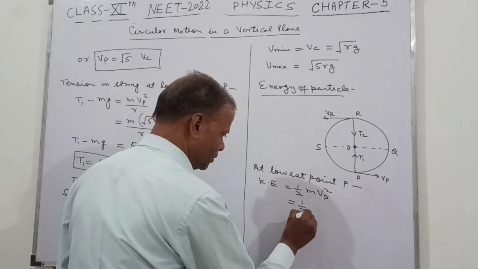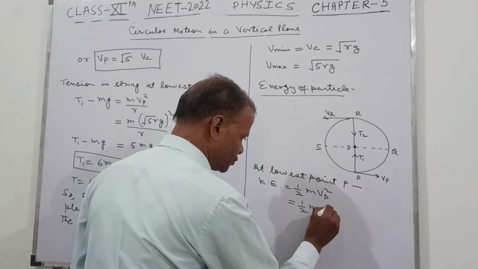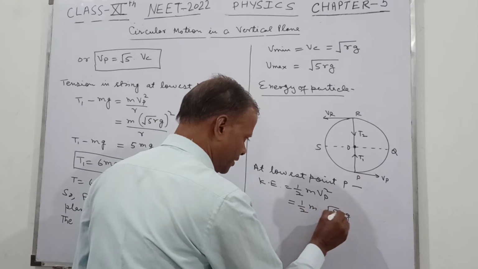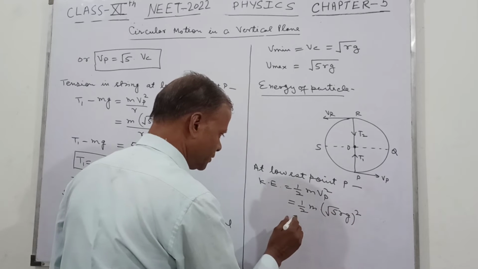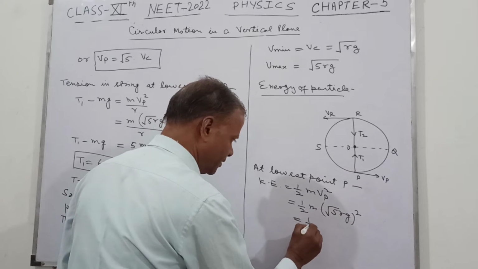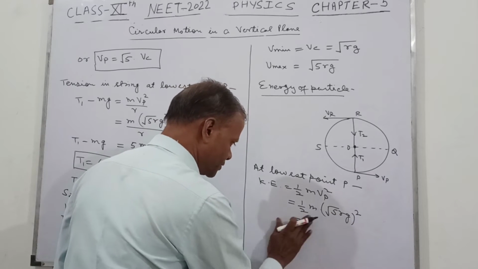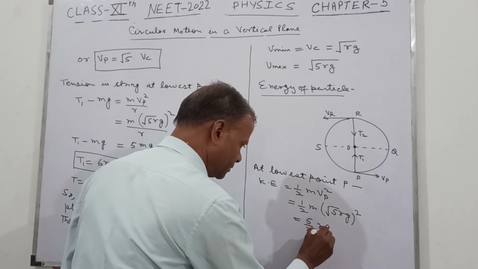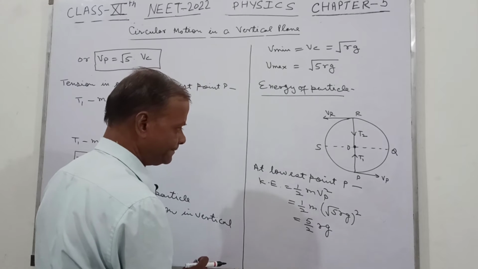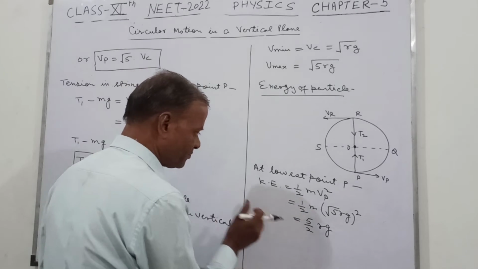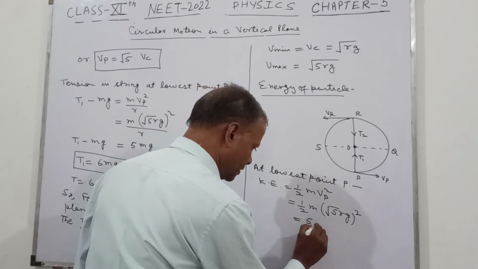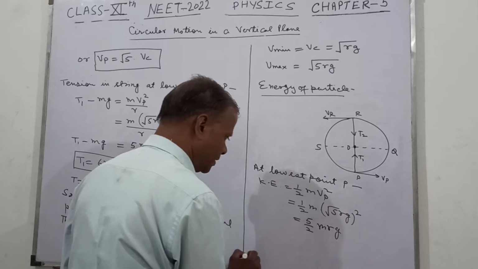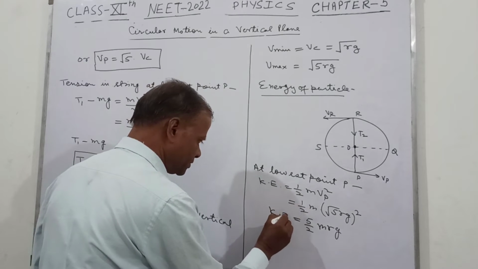So this is equal to half m, Vp equal to square root of 5 Rg, this is now whole square. So this is now 1 by 2, so this is 5 by 2 mRg. This is now kinetic energy.